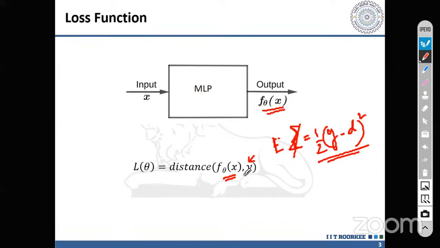Output is the prediction, and what is the error? That we call a distance or error function. This could be written as L theta, where theta is the parameters, the number of parameters. Parameters are actually the W's. We can write W's or we can write theta. So now I'm just changing it to theta.